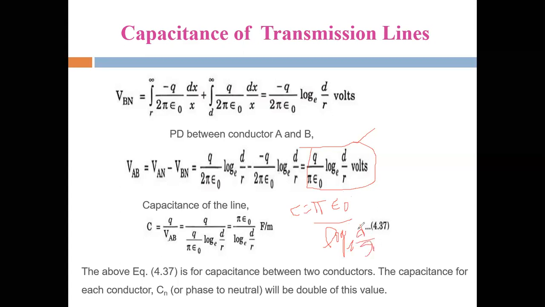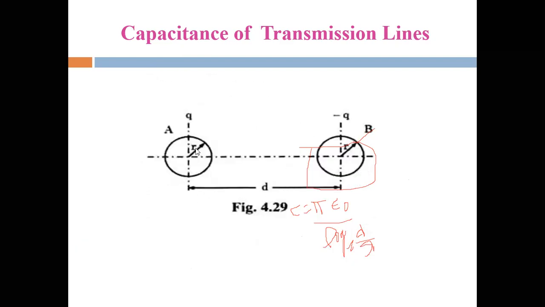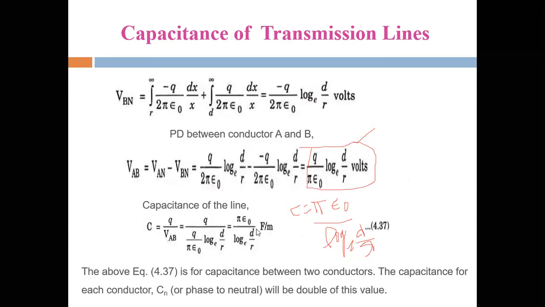What is d? d is the distance between the conductors A and B. R is the radius of the conductor.